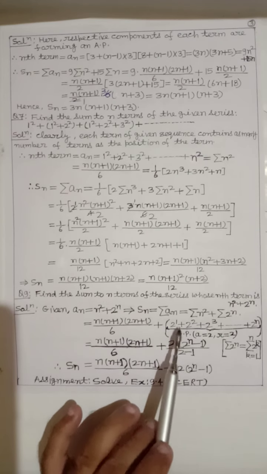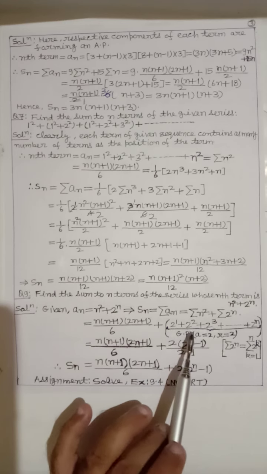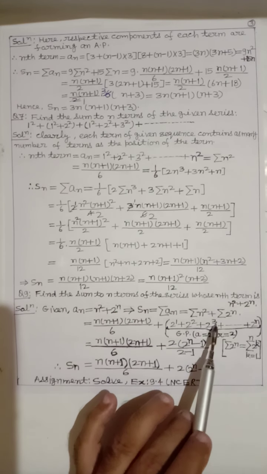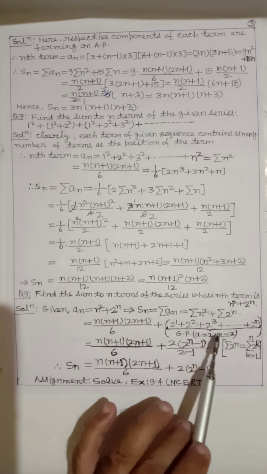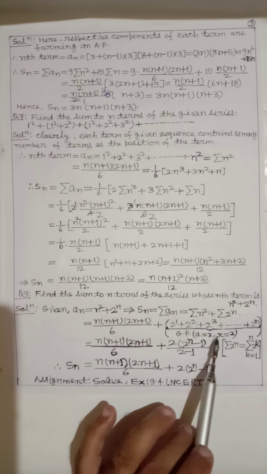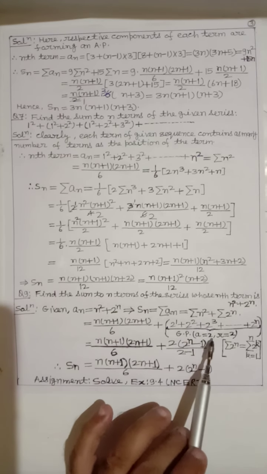Dear students, we can see that here this is a GP. Here 2 square by 2 we get 2, 2 cube by 2 square we get 2, means common ratio, that is small r, is equal to 2. And first term a is equal to 2.